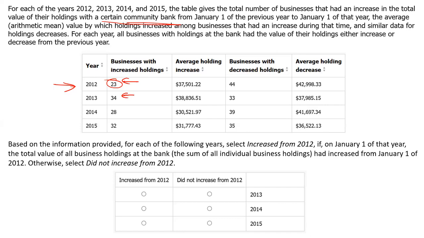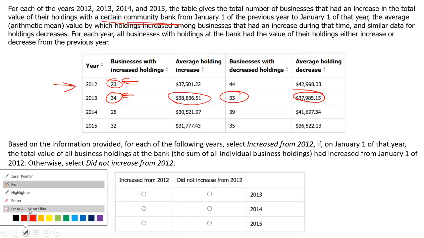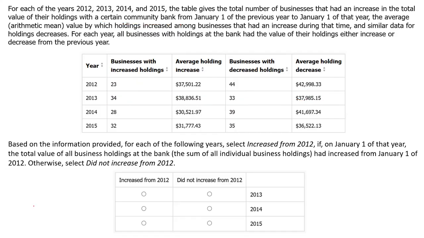In this duration, 34 businesses increased their holdings, and this is the average increase. Similarly, in this period, 33 businesses decreased their holdings, and this is the average decrease. Average decrease obviously means average decrease per business. Are we clear with the table?